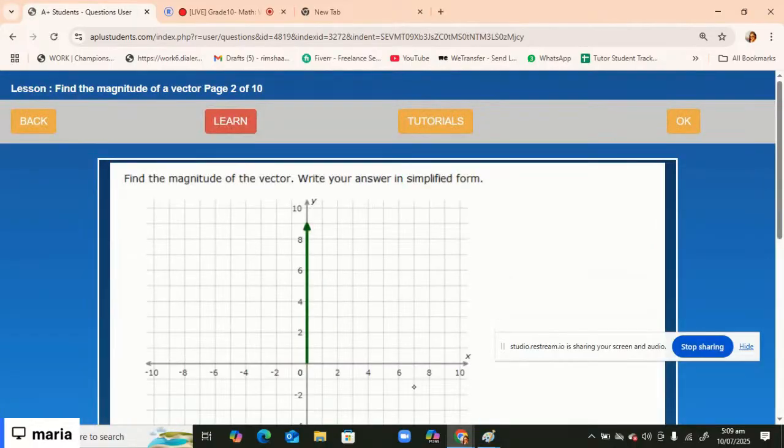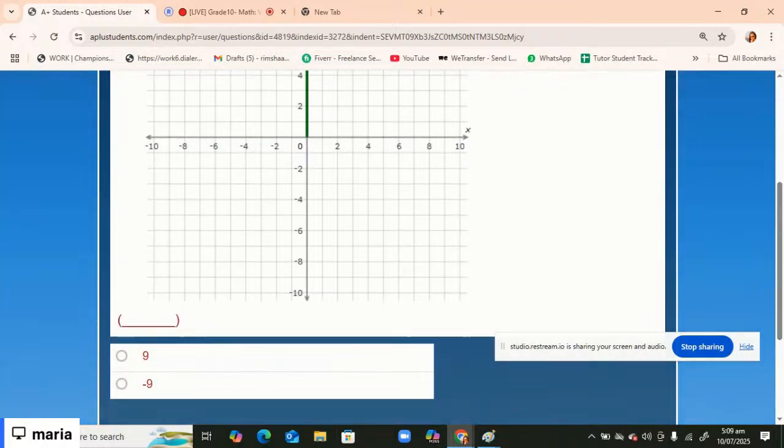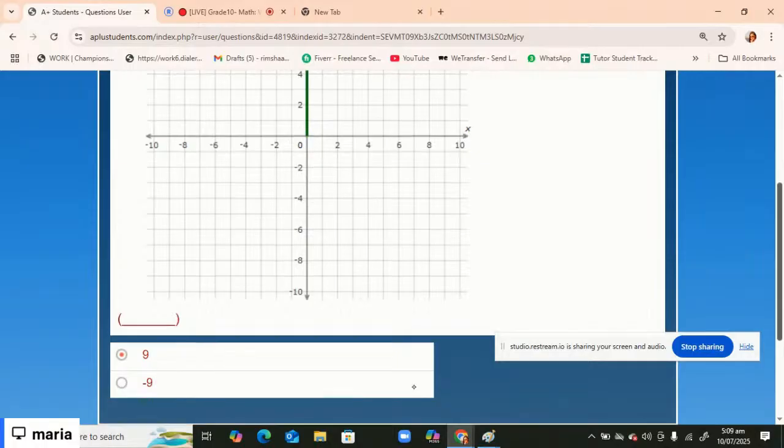Now let's discuss this one. This is called the vertical vector. The first point is 0, 0, and the other point is in the middle of 8 and 10, so it means the point is on 9. So the point is here, 0 and 9. So 9 minus 0 is 9. The absolute value is 9, so that would not be negative, it is always positive.